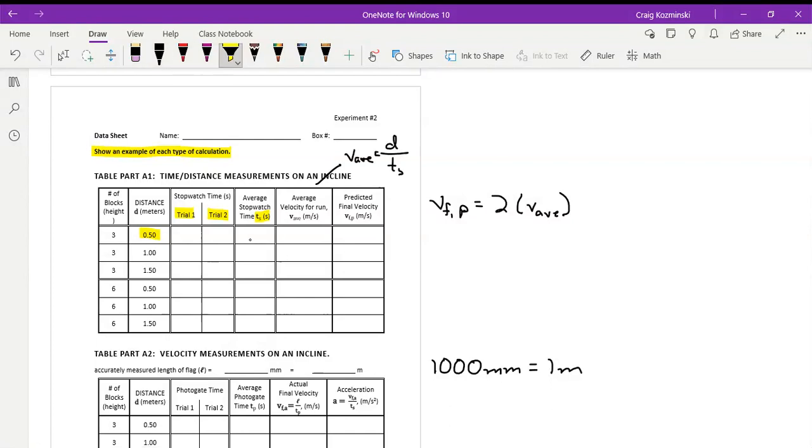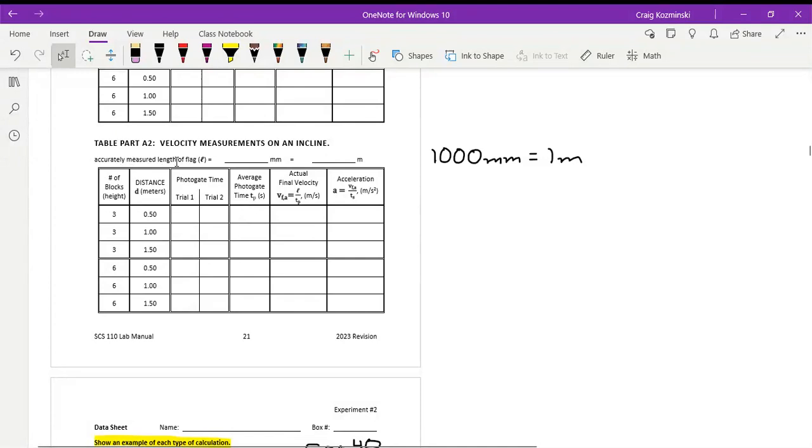Also, for the predicted final velocity, V sub f comma p, from up above in the procedure, we will see that this is going to be equal to 2 times the calculated value for this column. One of the things that you want to do before you come to lab is have some idea which equations are going to be used in each part of the data table.